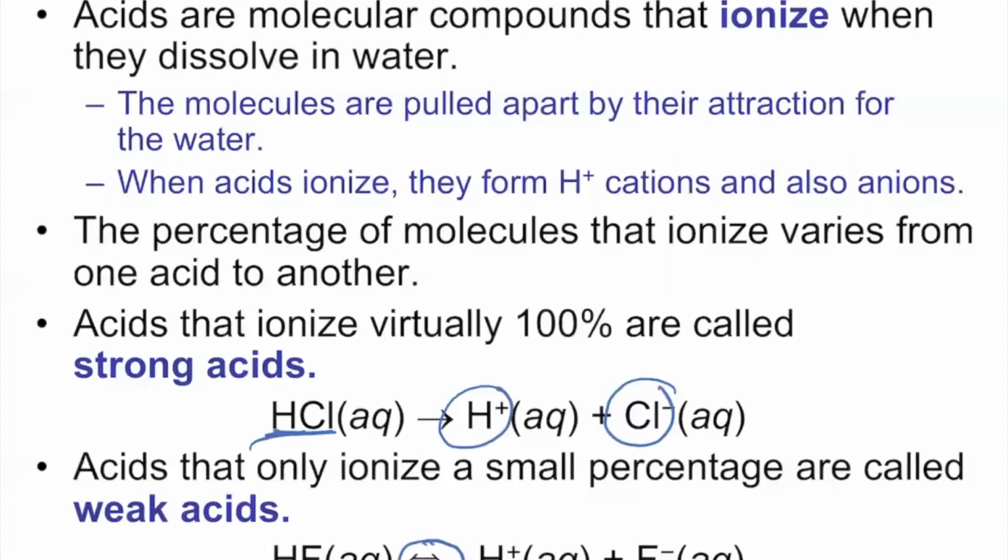It's going to come off 100%. In a weak acid, it won't. What that means is that you're going to have some of this in the solution, some of this in the solution, and some of the original compound. In a strong acid, you're only going to have chlorines and hydrogens floating around.